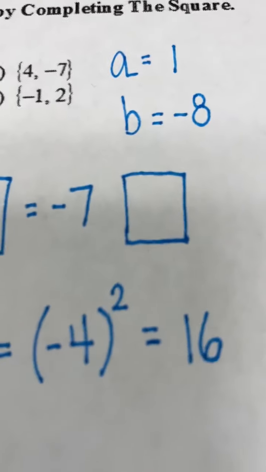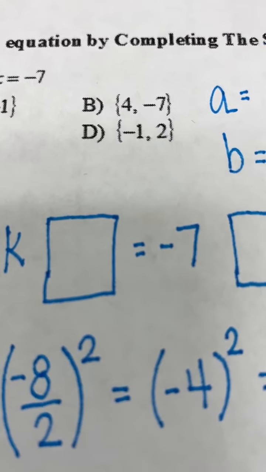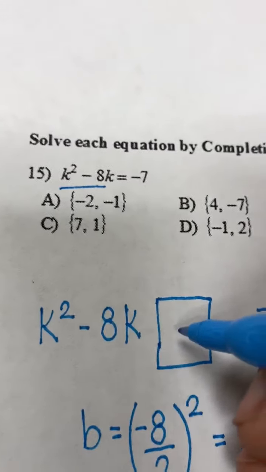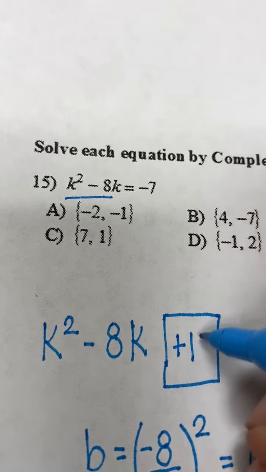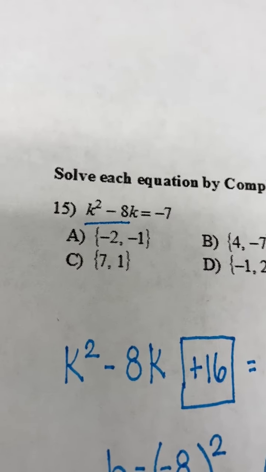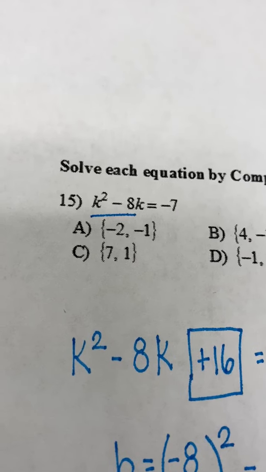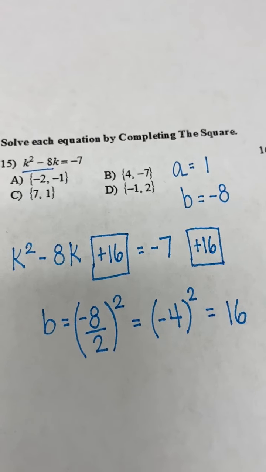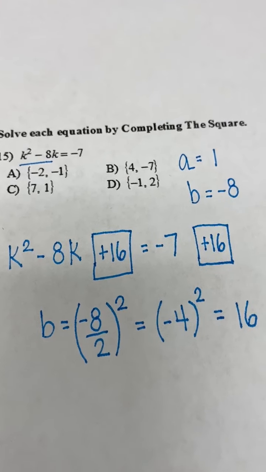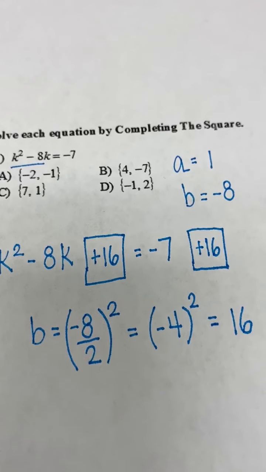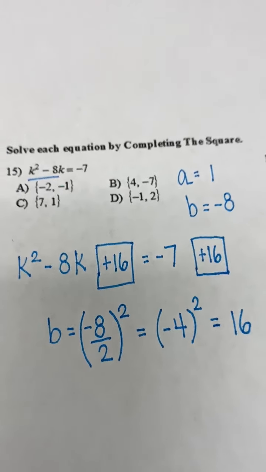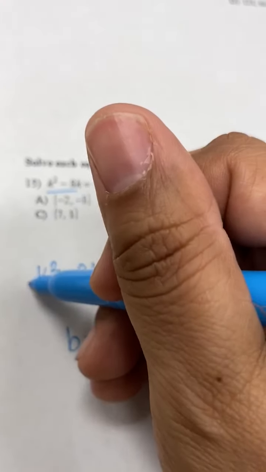I'm going to take that 16 and put it in my 2 squares right here. So I'm going to put positive 16, positive 16. Now it looks like k squared minus 8 times k plus 16 equals -7 plus 16.